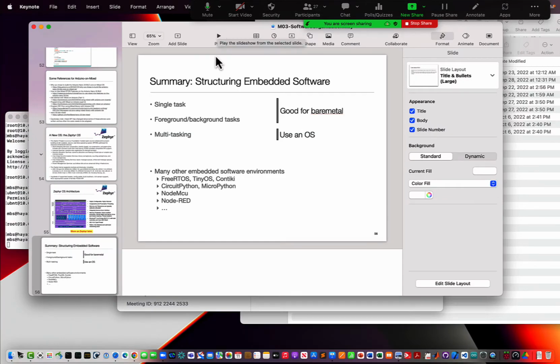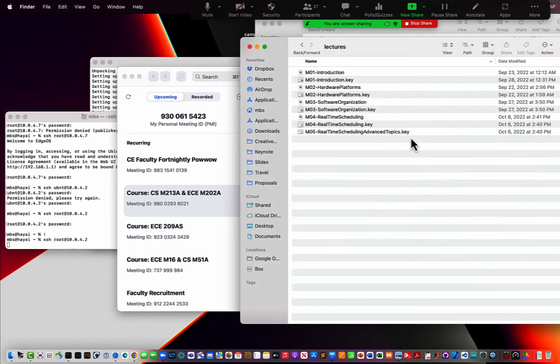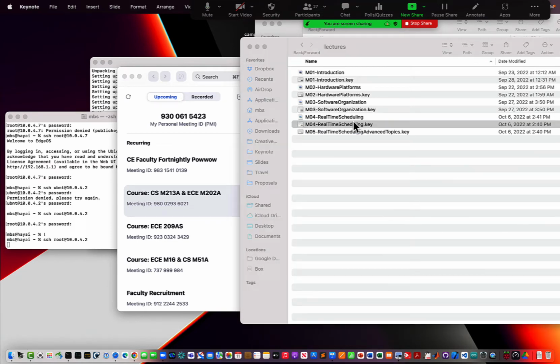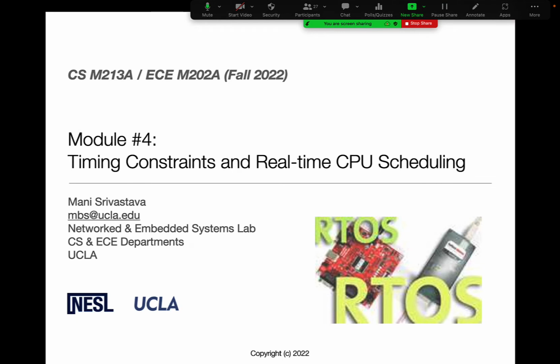Okay, so I'm going to shift gears at this point and move to the next level up in this software story. What we saw was how we think of software in terms of modules which are interacting with each other.